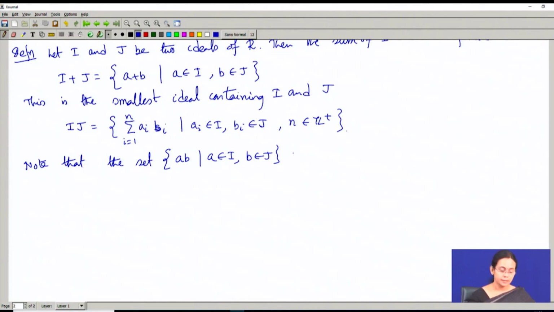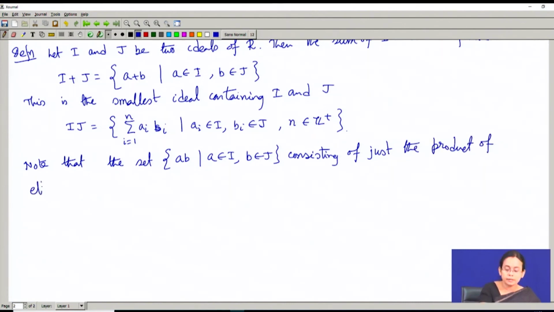So, note that this set consisting of just the product of elements from I and J is in general not an ideal.